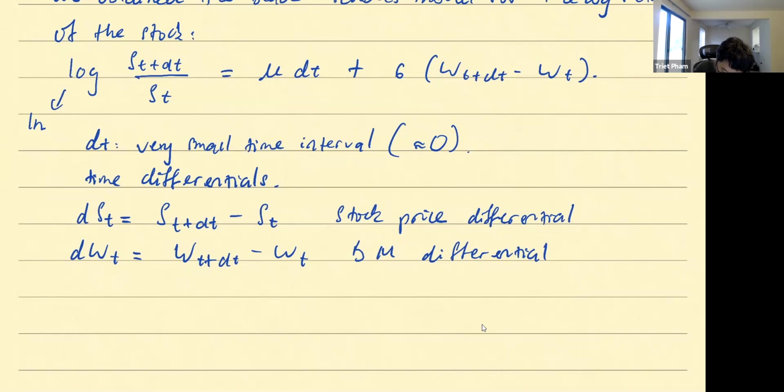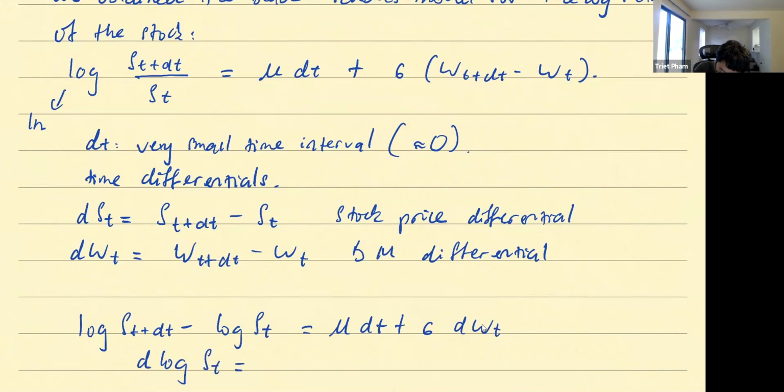Notice that this quantity by the rule of the log becomes log S_{t+dt} minus log S_t, which is mu dt plus sigma dW_t. In other words, d log S_t equals mu dt plus sigma dW_t.